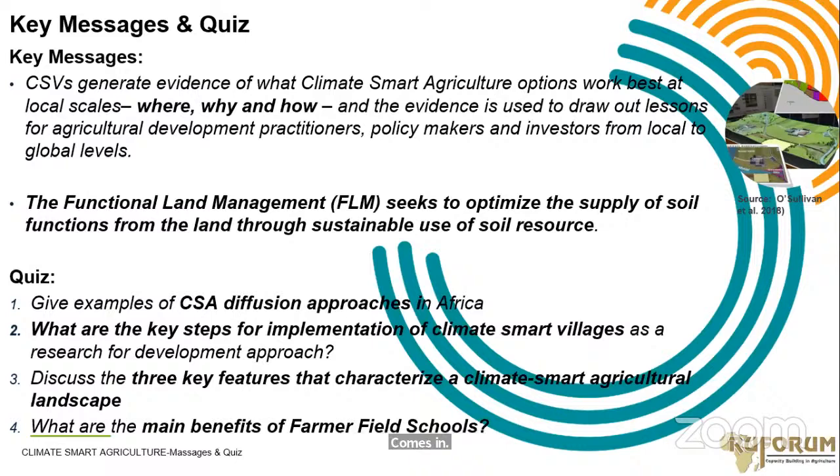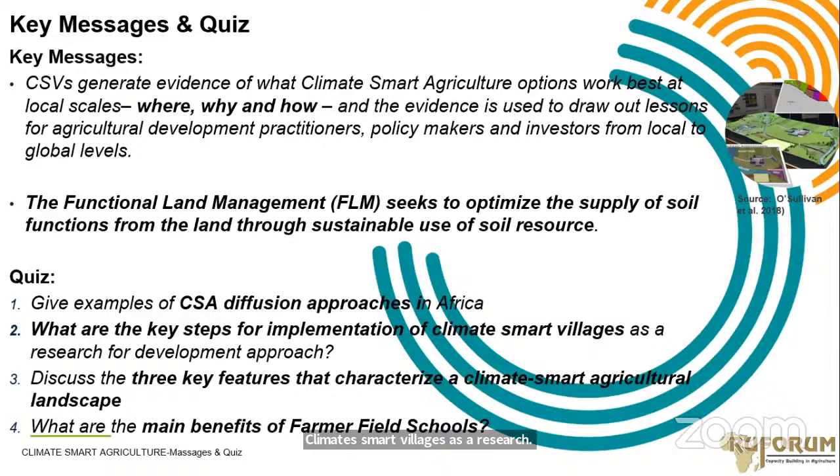Now, as a trainer, some of the questions that one may want to ask at the end of this session are, what are some of the examples of climate smart agriculture diffusion approaches that you find in Africa, for example, and also getting to know whether the participants understand some of the key steps for implementing climate smart villages as a research for development approach.